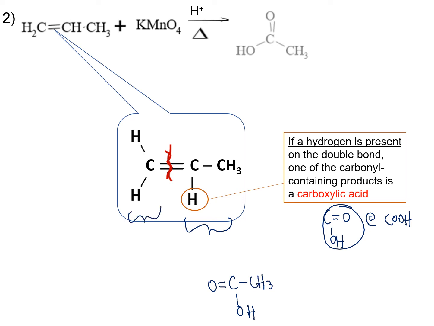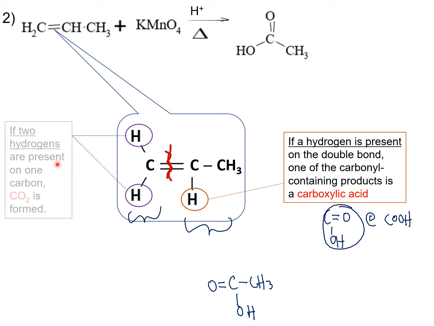For this one, we know that dia ada 2 hydrogen atoms at this carbon double bond. Previously, the rules for the oxidative cleavage yang melibatkan hot acidified KMnO4 adalah kalau let's say dia ada carbon double bond yang ada 2 hydrogen atoms, what you will get ialah you akan dapat CO2.